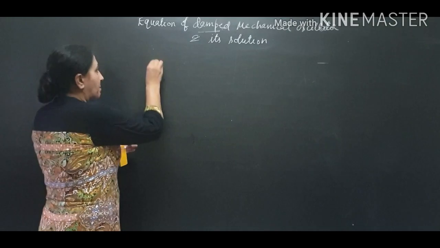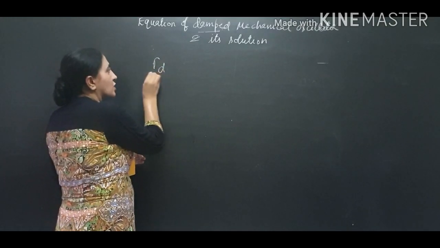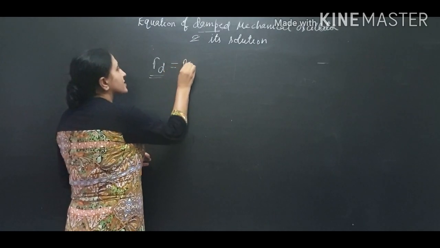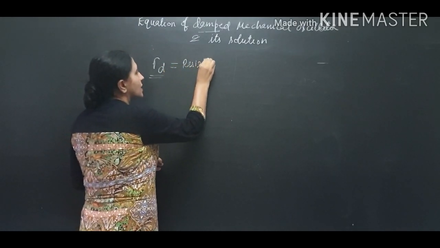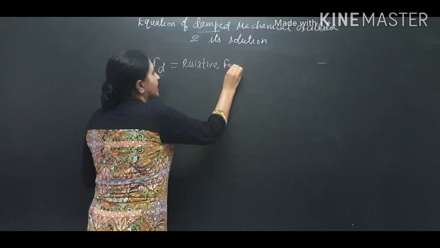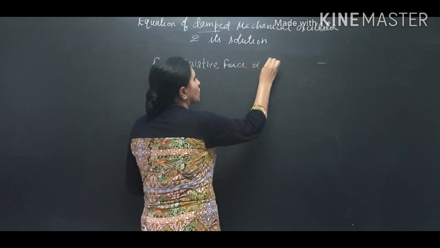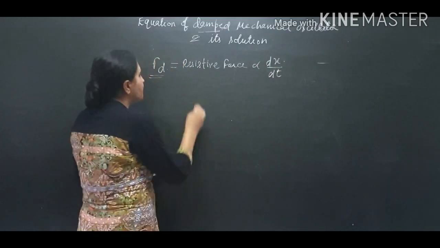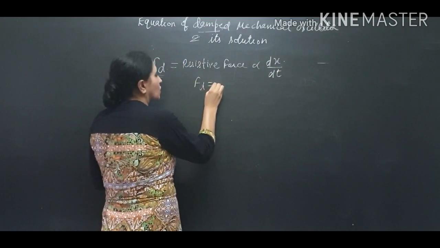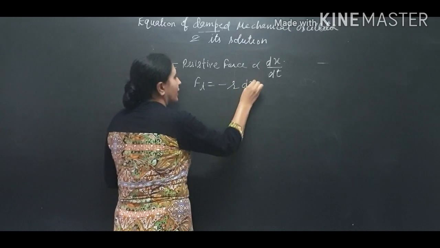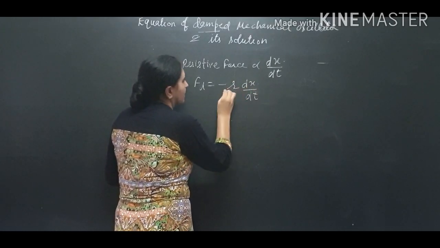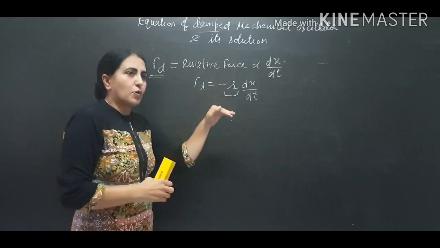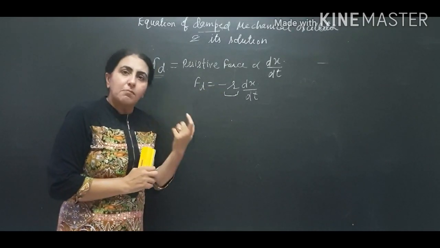So the damping force, you can say Ft means damping force. This is also called resistive force, and this is directly proportional to velocity. So Ft is equal to minus R dx over dt. Now this is a new term, the constant of proportionality. The minus sign shows that it opposes the acceleration of the mass.